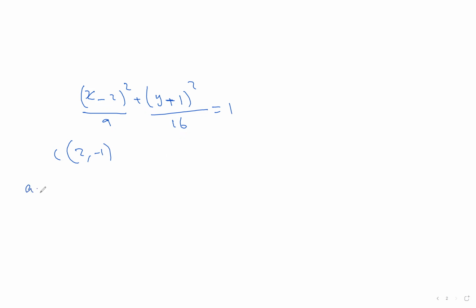And a will be positive or negative root of 9, which is positive or negative 3, and b equals positive or negative square root of 16, which is positive or negative 4, and c will be positive or negative root of 16 minus 9, which is positive or negative root 7.